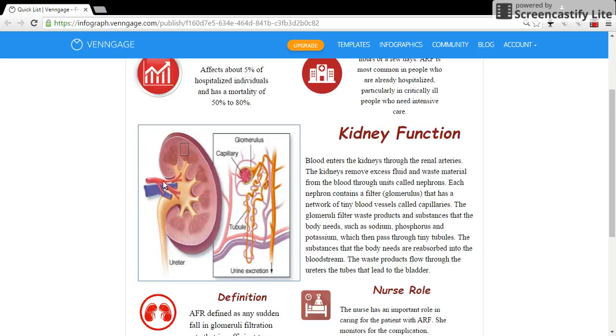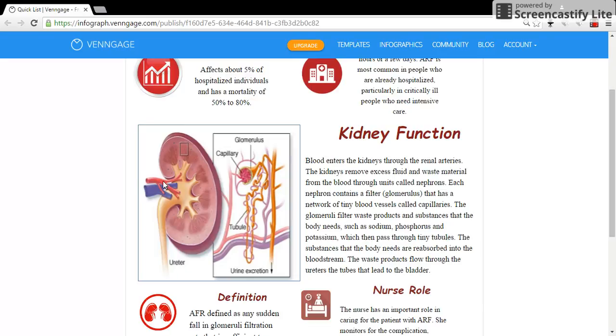Each nephron contains a filter, the glomerulus, that has a network of tiny blood vessels called capillaries. The glomeruli filter waste products and substances that the body needs, such as sodium, phosphorus, and potassium, which then pass through tiny tubules. The substances that the body needs are reabsorbed into the bloodstream. The waste products flow through the ureters, the tubes that lead to the bladder.